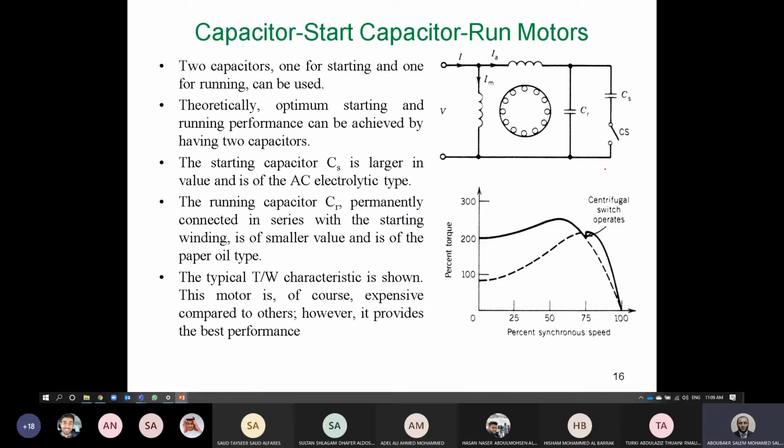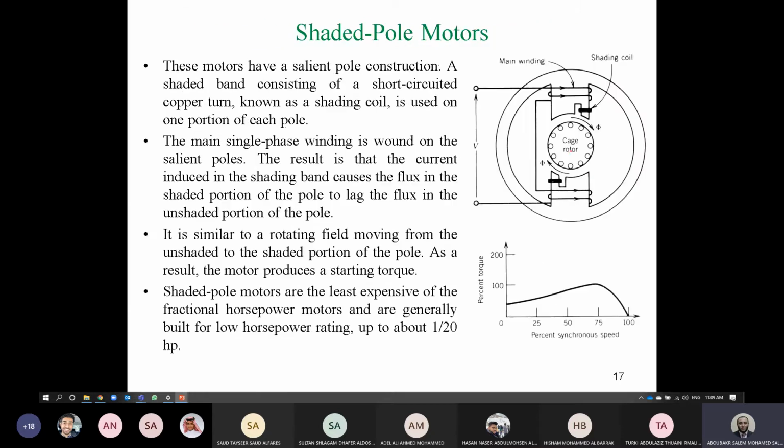There will be some differences, Shabab, due to the extra inductance and the capacitance in the circuit. Shaded pole can be made in a different simple model, okay? Because, as you can see, it's similar to capacitor run. Right, Shabab?